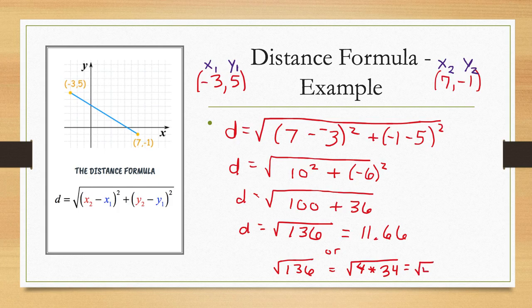Then I can break that square root up over those two numbers. The square root of 4, I know that that's 2. And the square root of 34, I can't do anything with, and so I'll leave it underneath the radical. So we can either write our answer as 11.66, or we can write our answer as 2 times the square root of 34.